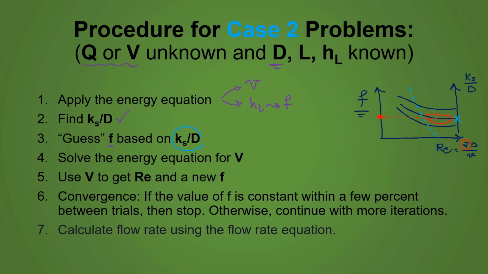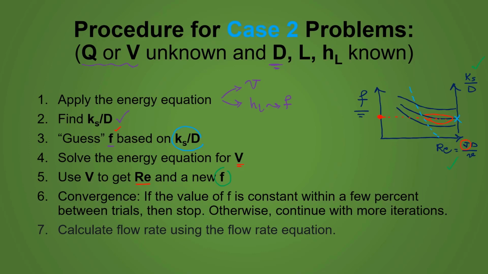Okay, so you're going to guess a value of F, and then based on your guessed F value, you will be able to solve the energy equation for V, velocity. Once you have found velocity, you get the Reynolds number, and now that you have both the Reynolds number and K sub S over D, you can find another F value.